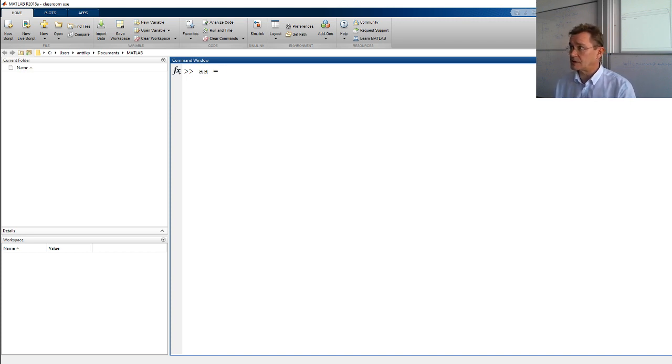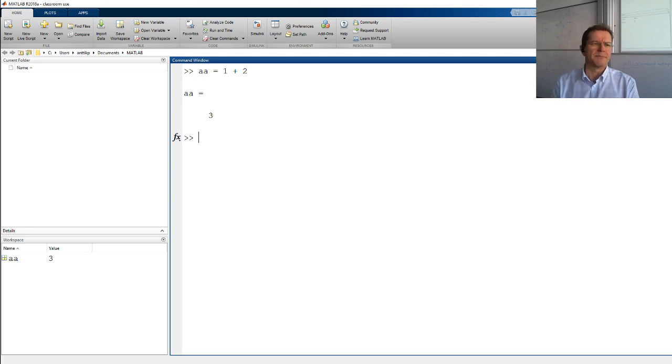You do not need to declare the variable before you start using it. You just start using. And this command would set variable A to whatever is on the right-hand side. It can be, for example, a value or a calculation. So now, okay, A equals 3.